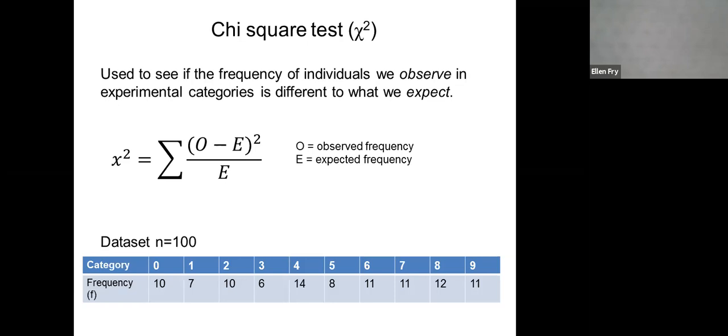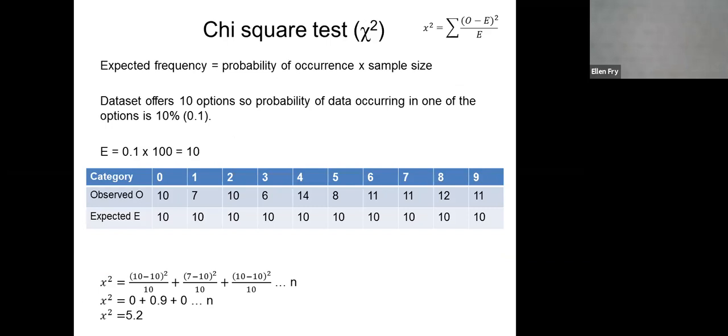I've created a data set of 100 random numbers. If we have the observed frequency, but if they were drawn randomly, we would expect each integer to occur a certain number of times. The expected frequency is the probability of occurrence multiplied by the sample size.